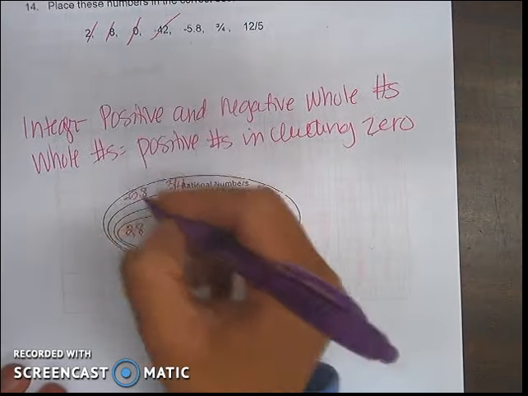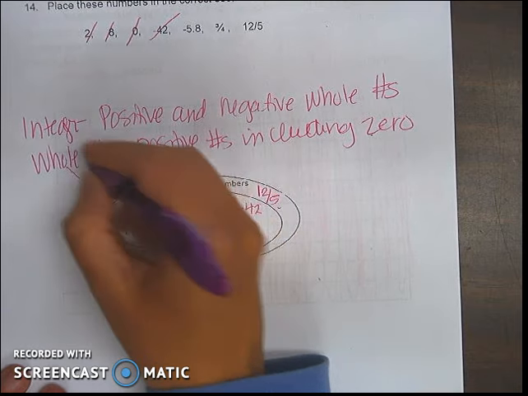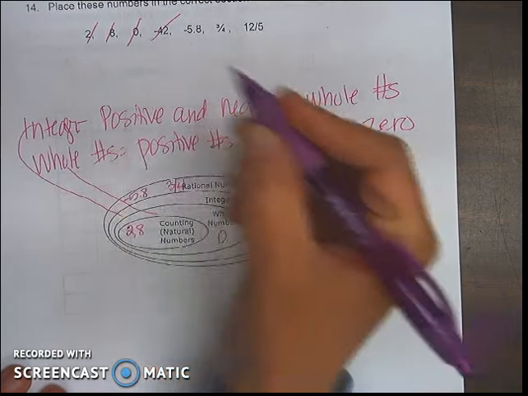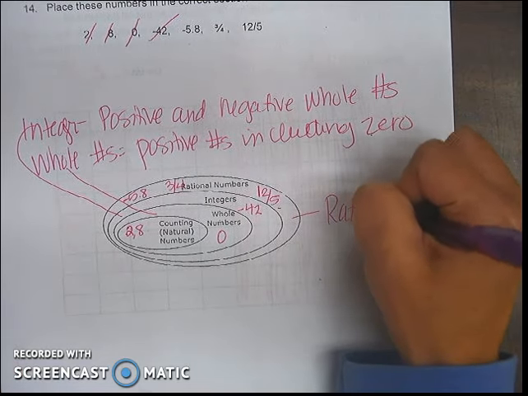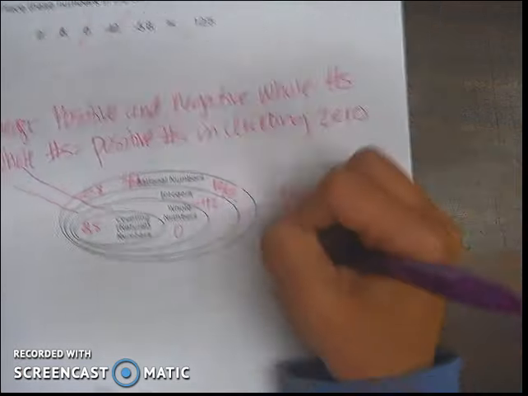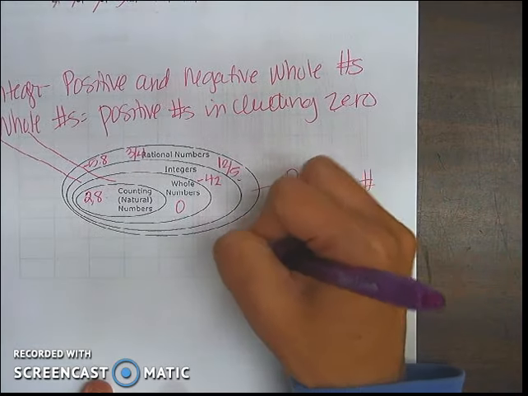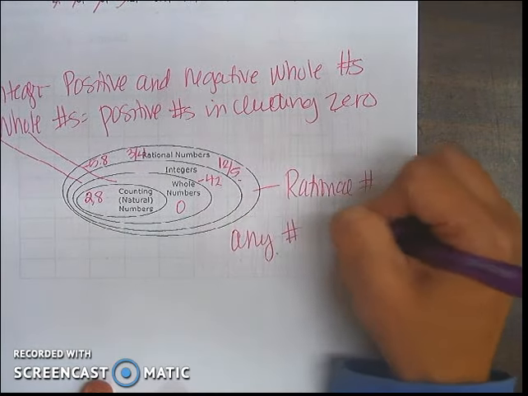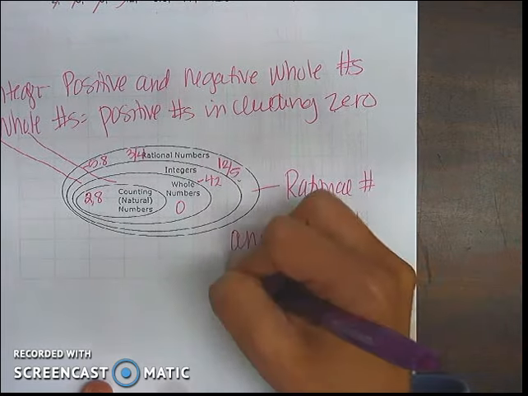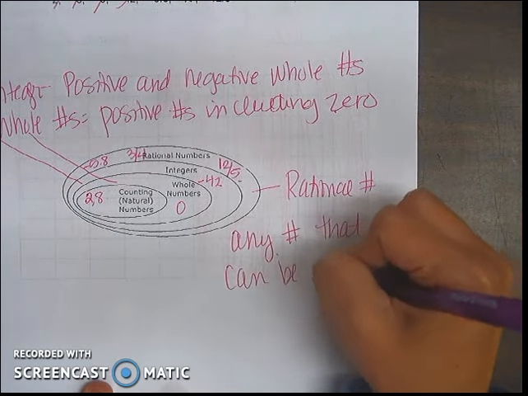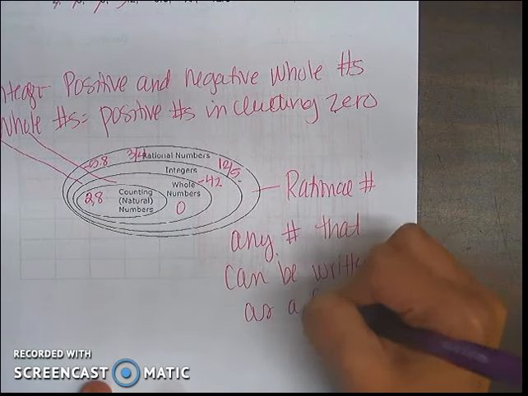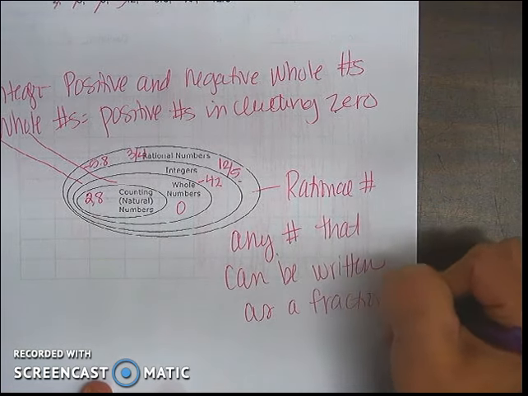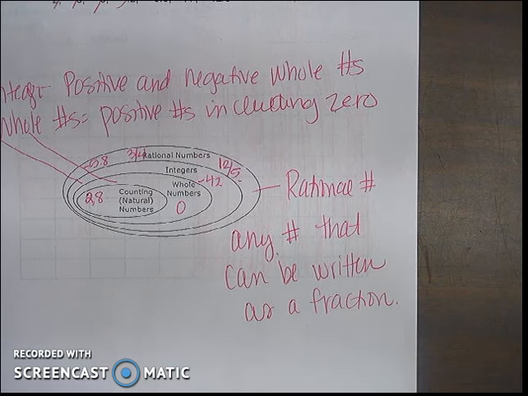A rational number, any number that can be written as a fraction.